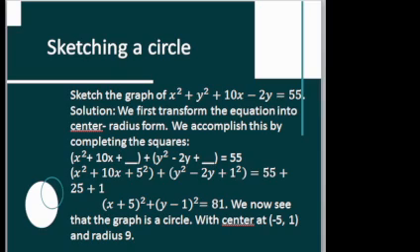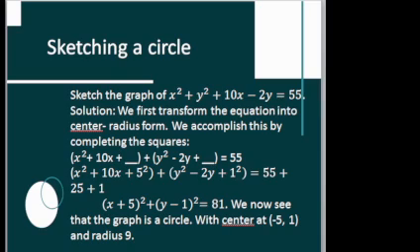So we have x squared plus 10x should be at the first group plus blank, because we're going to complete it, plus y squared minus 2y plus blank equals 55. Again, how to complete the squares. This is a review of your topic in grade 9, that is completing the squares. So in completing the square, we have to get the half of the b and you square it.